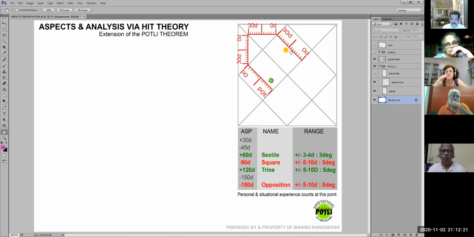Now, without knowing the degree of this one and the degree of this one, you do not know where on this scale this Jupiter is seated. I'm trying to make it very graphical. If Jupiter is seated in this house or Rashi, it can be anywhere on this scale, and this Mercury can be anywhere on this scale.